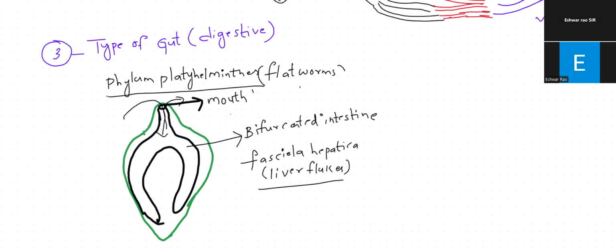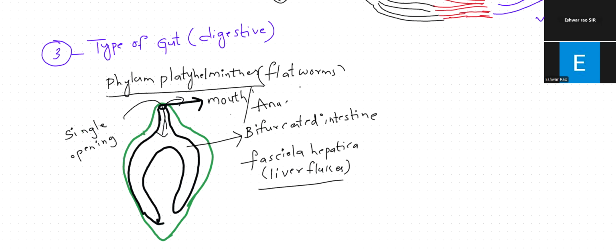Therefore, this single opening itself serves as mouth and anus.